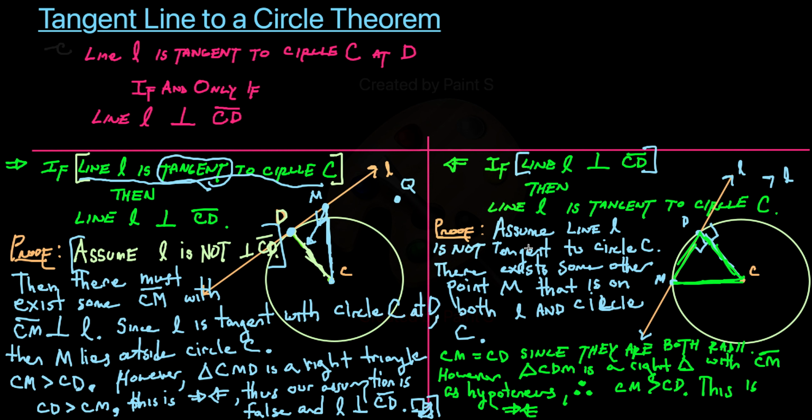And this contradiction arose due to my assumption. The assumption must be false. My assumption was that line L is not tangent.